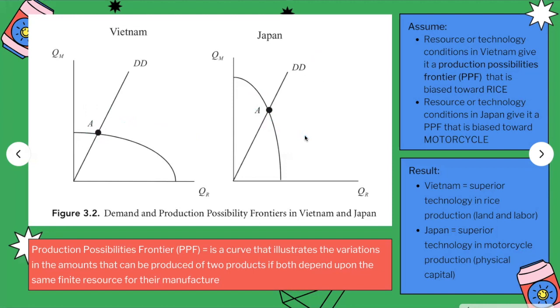The slope of the PPFs measures the opportunity cost of producing the item on the horizontal axis, which is rice, expressed in terms of how many units of the vertical item, the motorcycles, must be given up or not produced because resources have switched to rice.